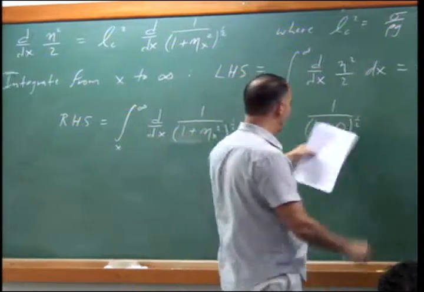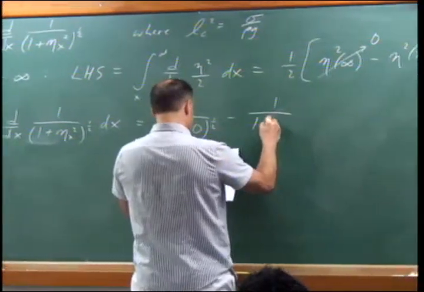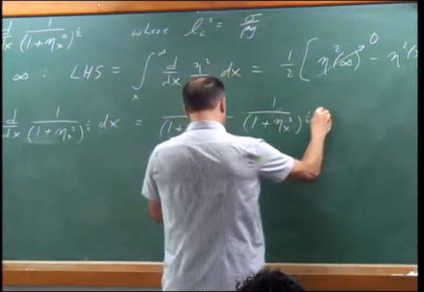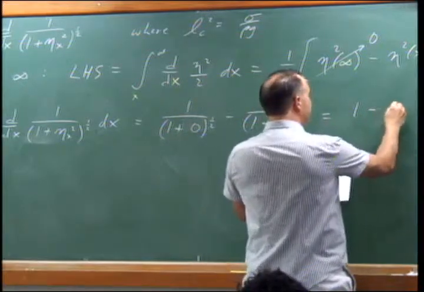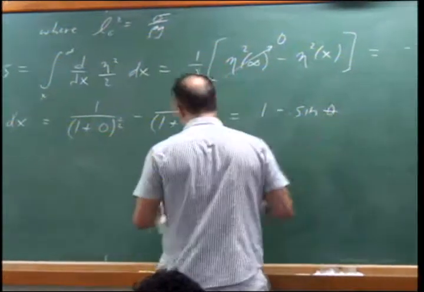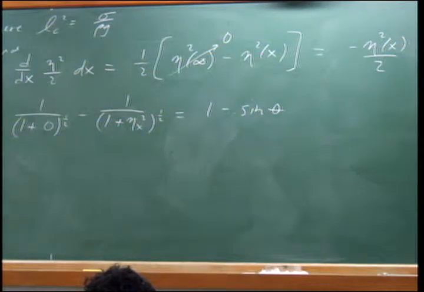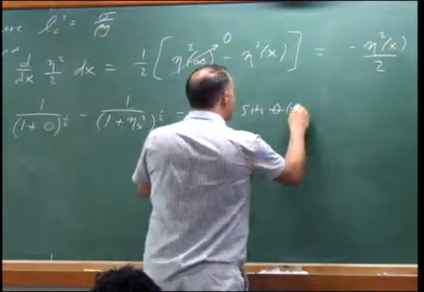The slope is going to 0. So nu x squared over 2, and this is 1 minus sine of theta. Theta is this angle here. Theta becomes theta E at the contact line. But theta is a function of x.